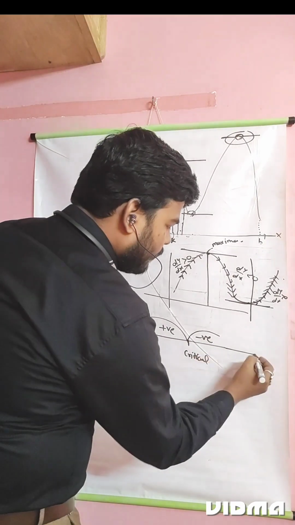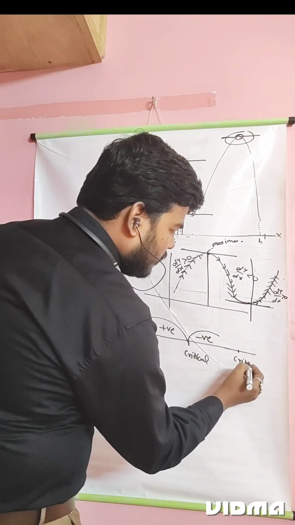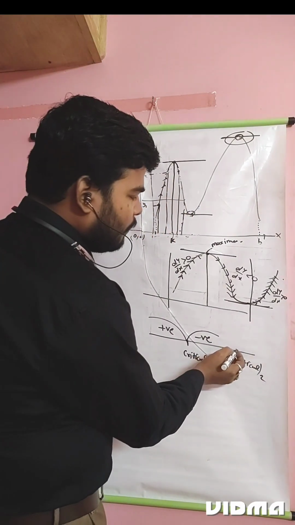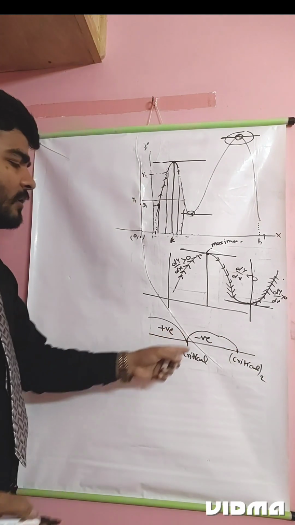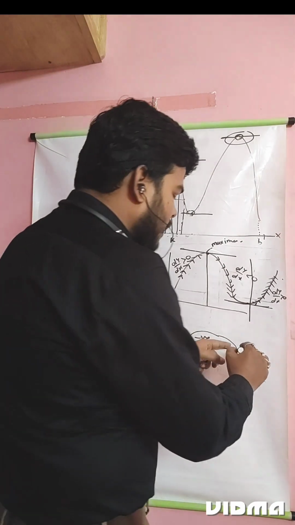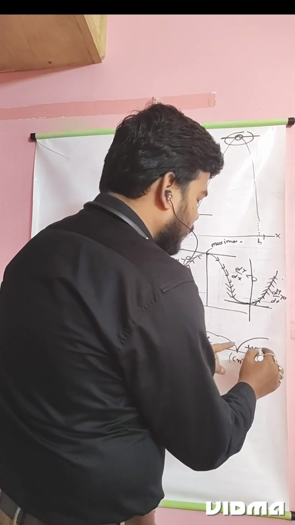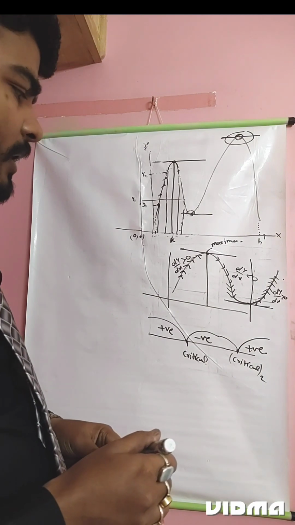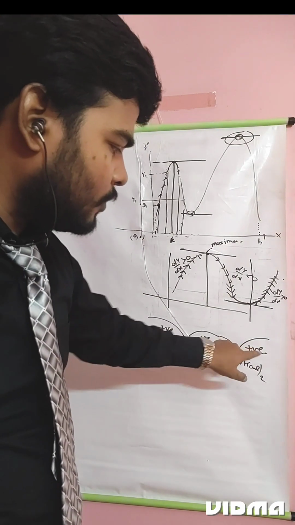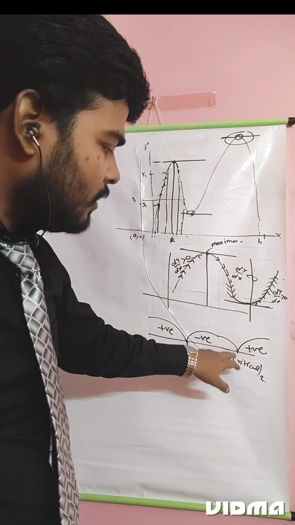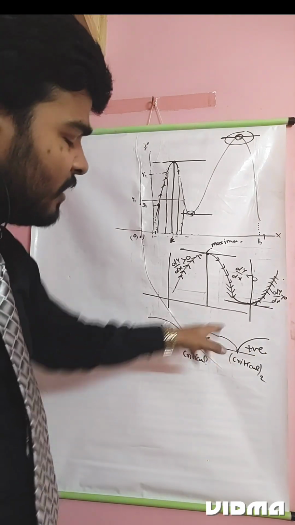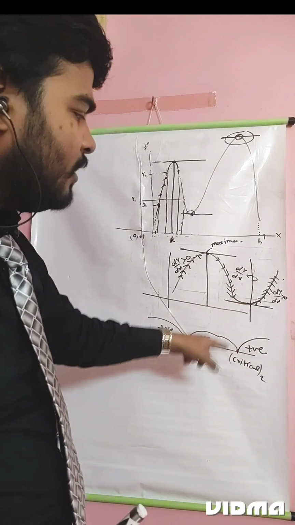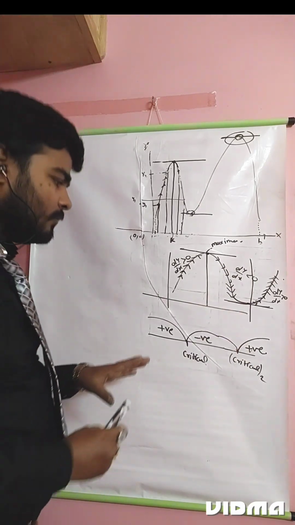Suppose these are the second critical points too. Before that point, dy by dx is negative, and after that point, dy by dx becomes positive. So if dy by dx turns from negative to positive, then at that point the function attains a minimum. Got it?